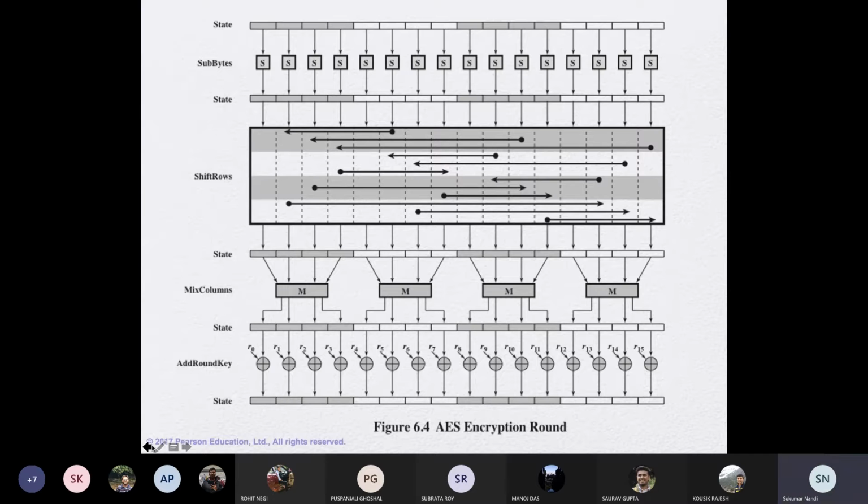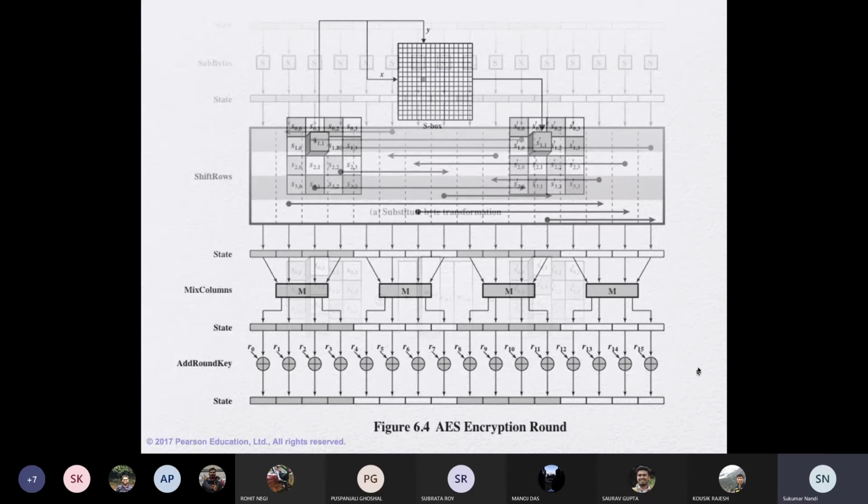And all these things can be run parallel in a pipeline fashion on different text blocks. Obviously, the mix column is a bit costlier because there are 4 GF2 to the power 8 multiplications, then their summations. Finally, we'll get the result. In any case, we can do a 4-stage pipeline.